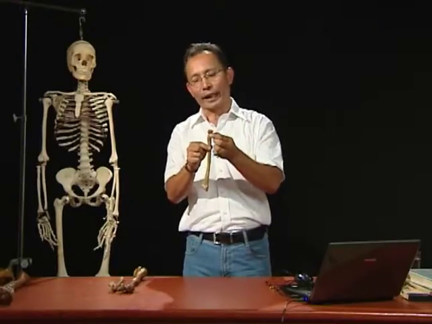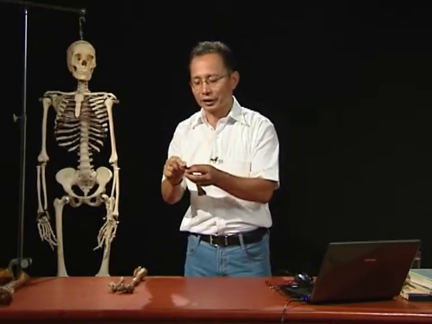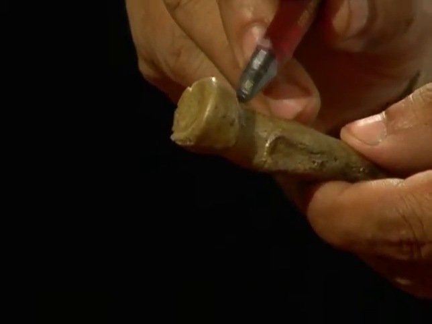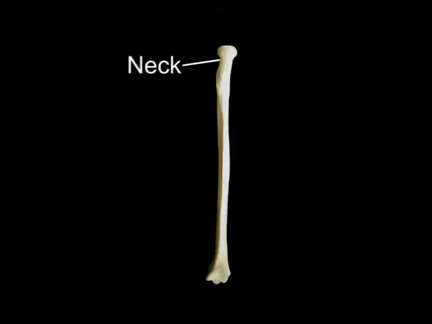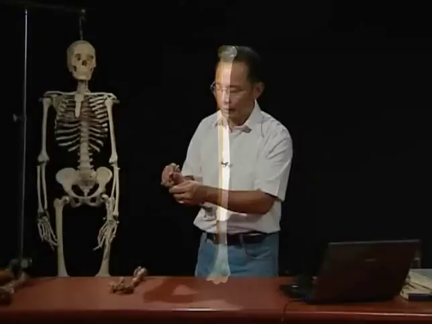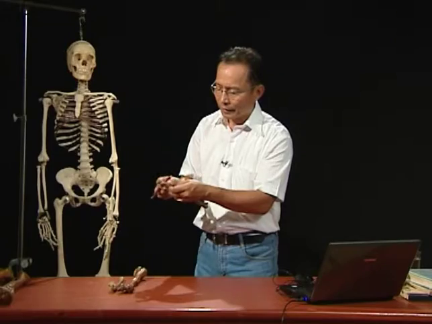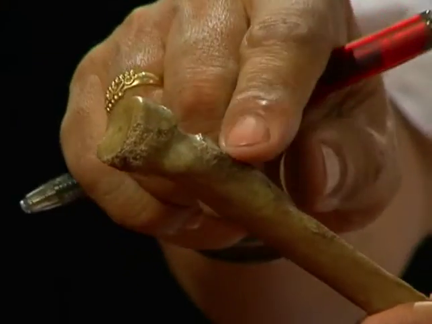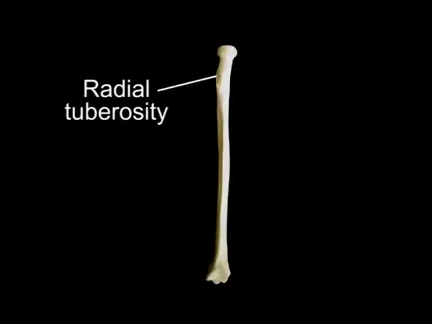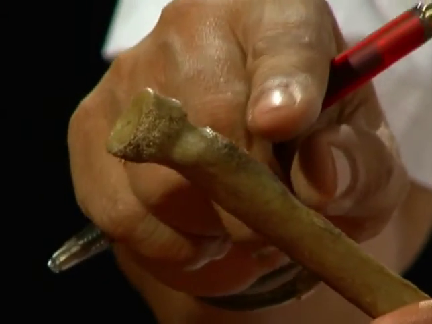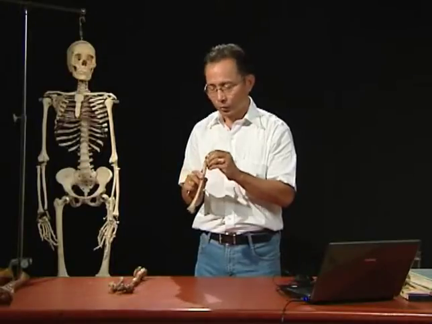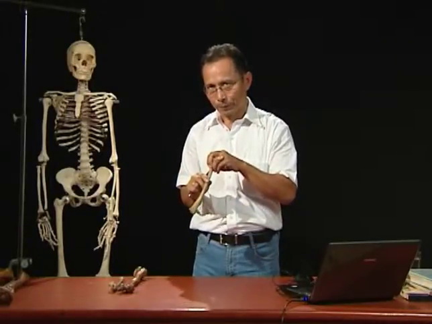Just below the head there is a constriction. This is called the neck. Below the neck there is a tuberosity. This tuberosity is called the radial tuberosity. This radial tuberosity is located medially. So this is the upper extremity.